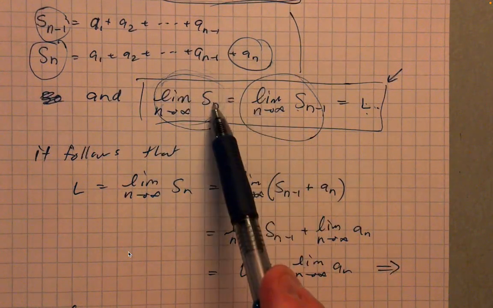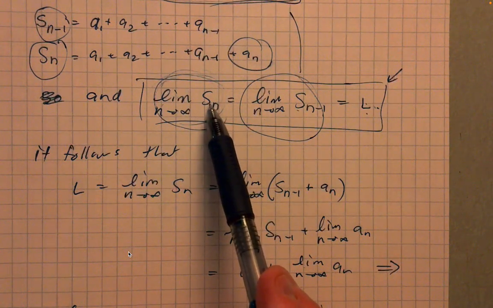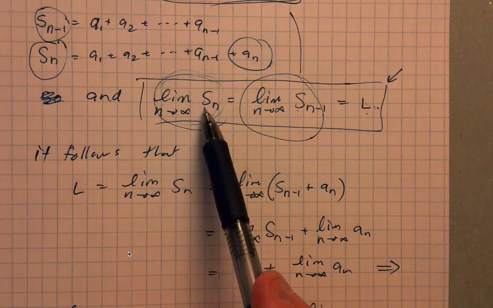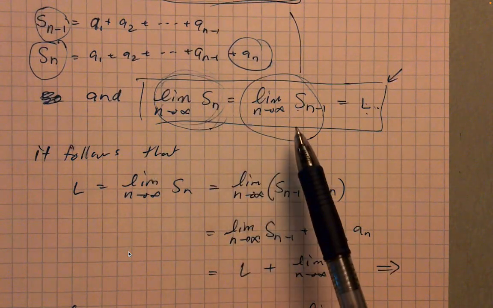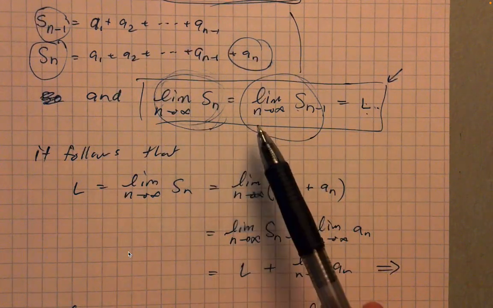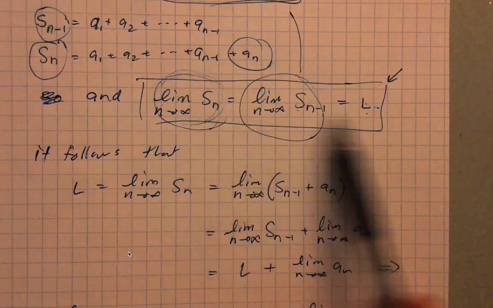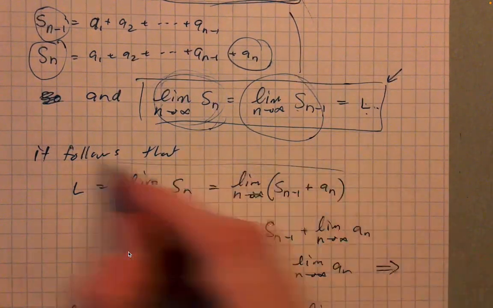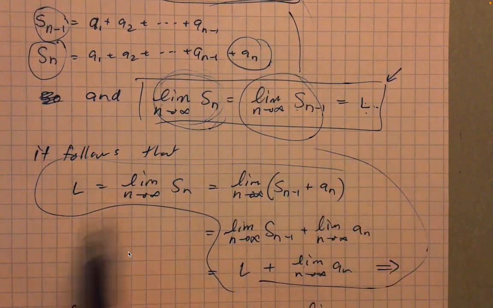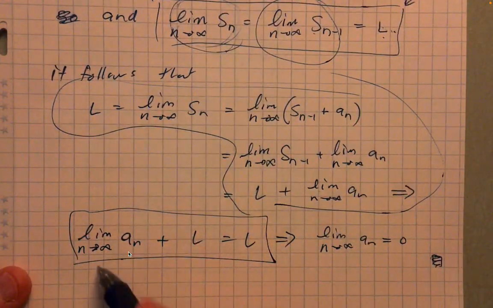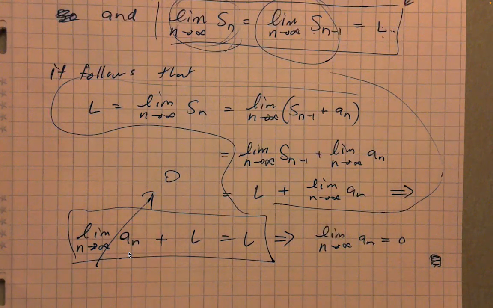In the limit, we usually talk about the nth partial sum when we're trying to find convergence, because it's simply the easiest way to write it. But it doesn't really matter if you represent it as the nth partial sum or the n minus 1 partial sum. They are basically the same, and they both equal L in the limit. So those two things together give you a nice little equation which forces out that the limit must be 0.